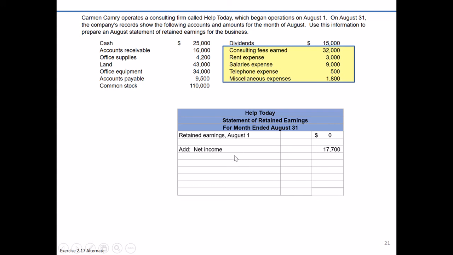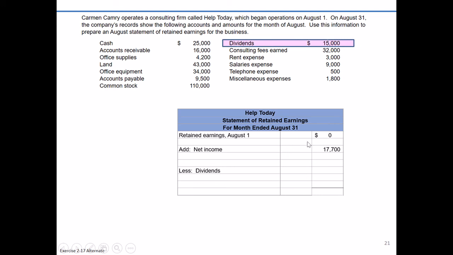I will note sometimes you will see a statement of retained earnings with a summary figure of the beginning of the period retained earnings, where you either add net income, in this instance 0 plus 17,700, or subtract net loss. So make sure when you're preparing your statement of retained earnings you pay attention to whether there is that intermediate subtotal. We're then going to look at dividends.